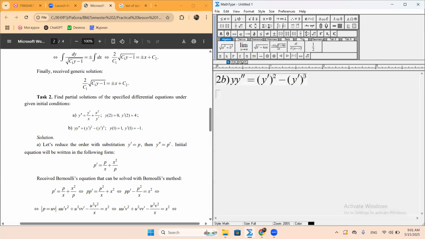Yeah, and by the way, initial conditions. So y from 1 equals 1, and y prime from 1 equals minus 1.